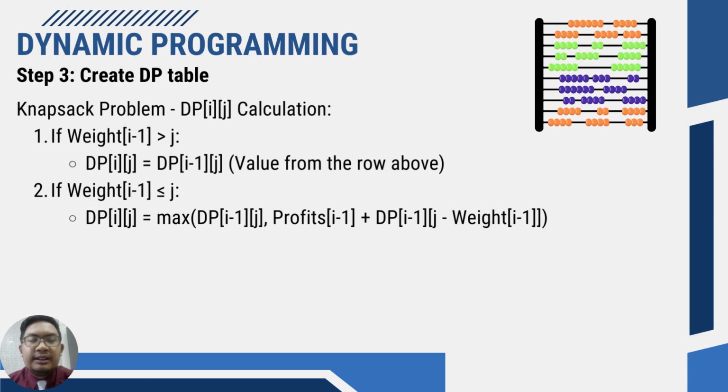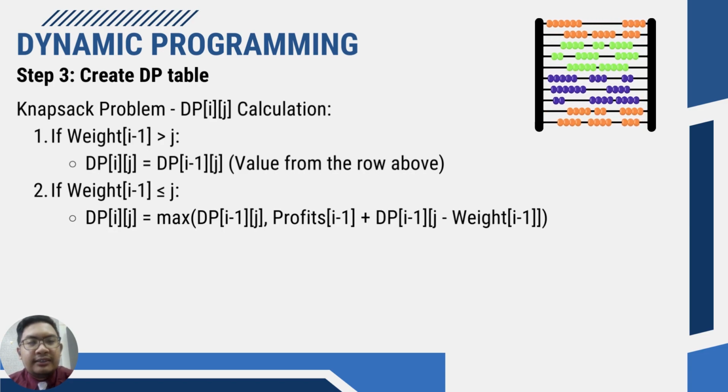So for the calculation of each cell in the table, we assume dp[i][j], i for row and j for column. When weight[i-1] is greater than j, the cell will copy down the value from the row above.